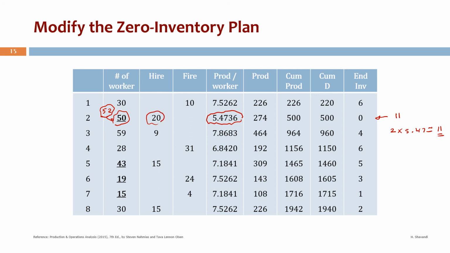By the same analysis, we can reduce the number of workers in month 5, 6, and 7 by 1 worker in this month. So as you see here, we again could minimize the end inventory more than the previous plan. So this will be our final plan as the zero inventory plan. Okay.